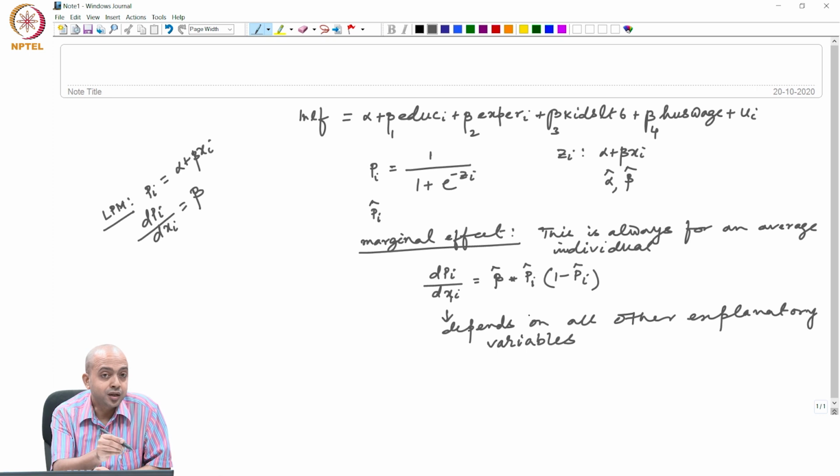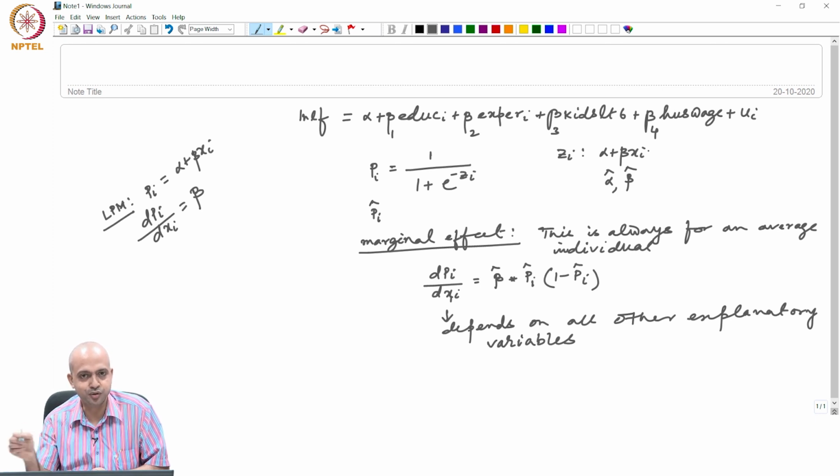That is why in the linear probability model the marginal effect is calculated based on only that particular variable for which you are interested to calculate the marginal effect. In the context of the logit model, it all depends on other factors as well, because pi hat you have to calculate based on your beta 1 hat x1i plus beta 2 hat x2i, like that. That is, all other explanatory variables and their estimated coefficients.